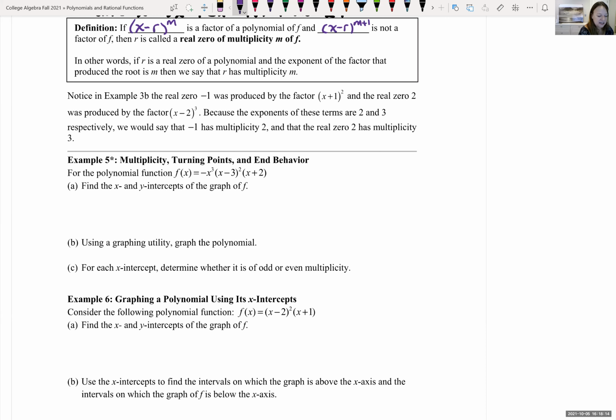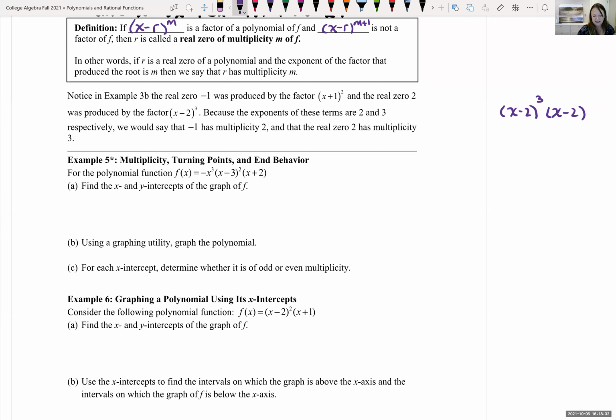For instance, if we had x minus 2 to the cubed, we couldn't have another factor x minus 2 out here, because technically there would be 4 factors. This is the same thing as x minus 2 to the 4th.